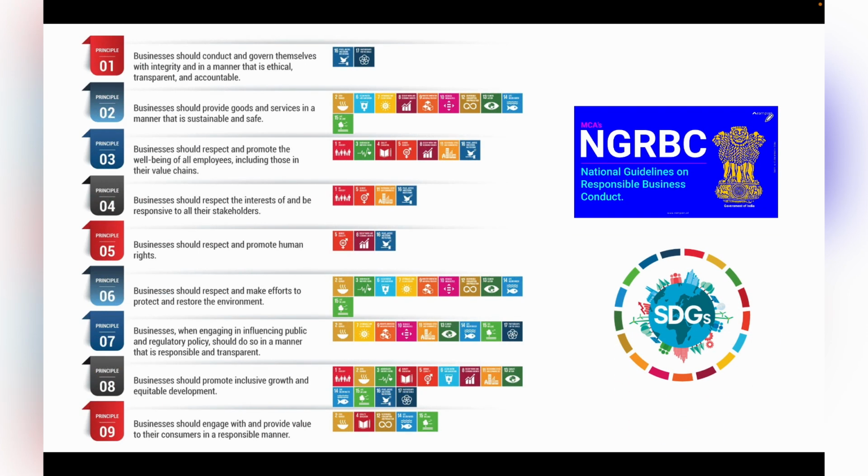We discussed the 9 principles, and now we will discuss how these principles are correlated with the SDGs. Principle 1 talks about ethics. So SDG 16 and SDG 17 are correlated with principle 1.